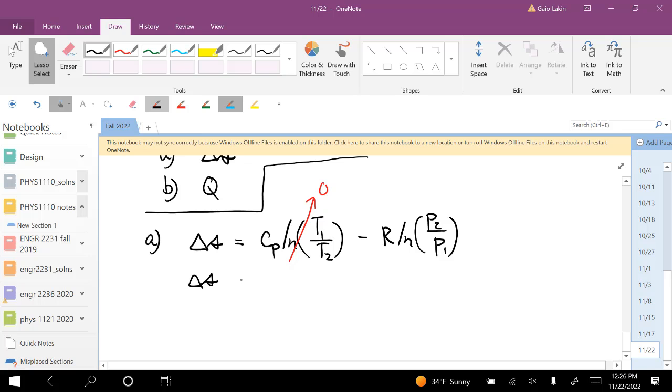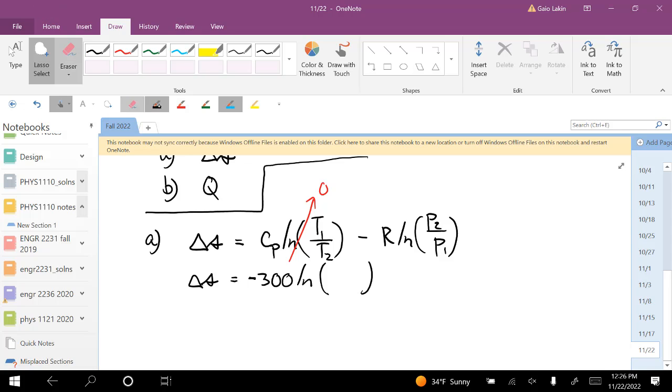So the change in specific entropy is 300 times natural log of, this is negative, sorry. Negative 300 times natural log of 0.5 over 1. Or what was that? 5 over 10.